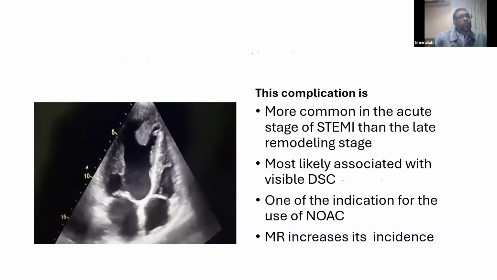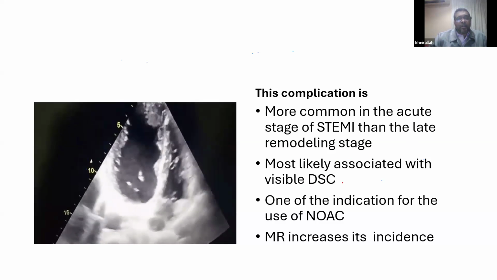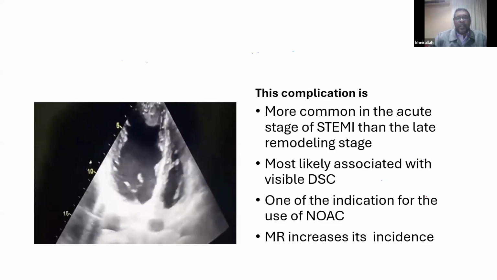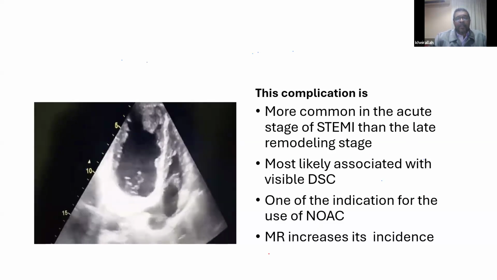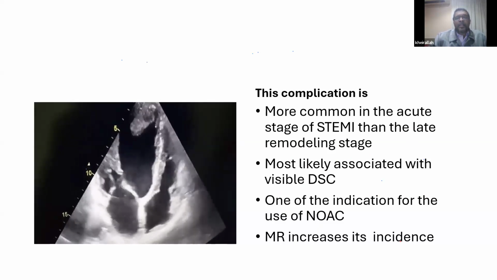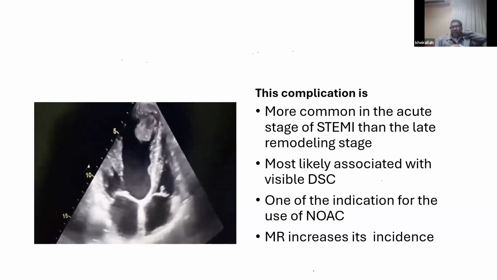I want you to choose the right answer. Most likely associated with visible, dense, spontaneous contrast. One of the indications for the use of direct oral anticoagulant. MR increases its incidence. So which one do you think is the right answer?